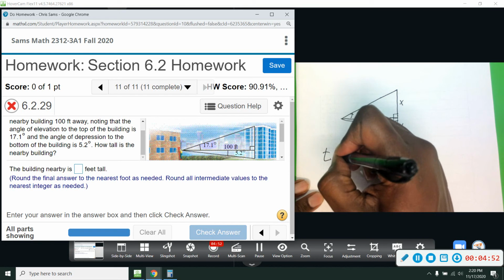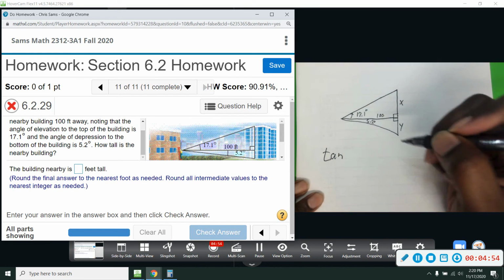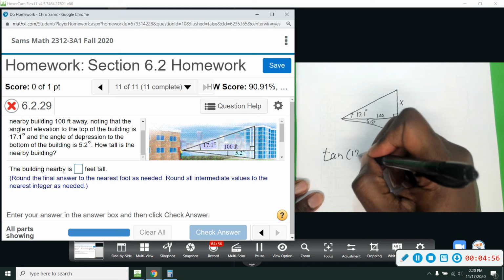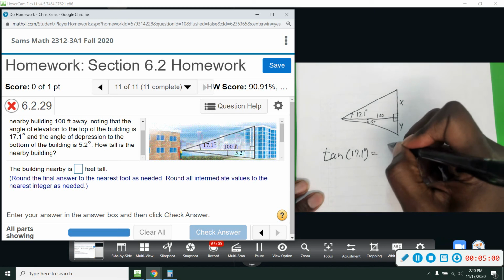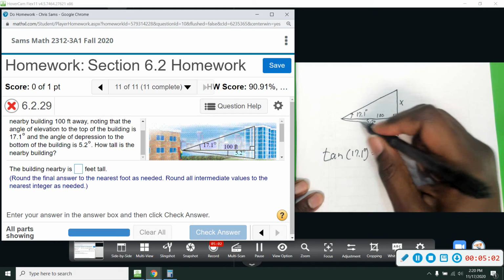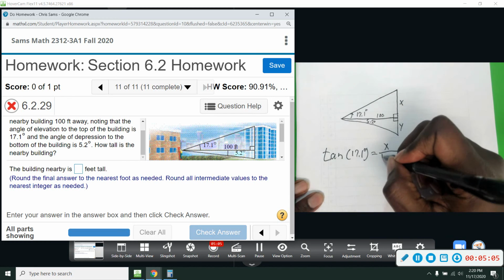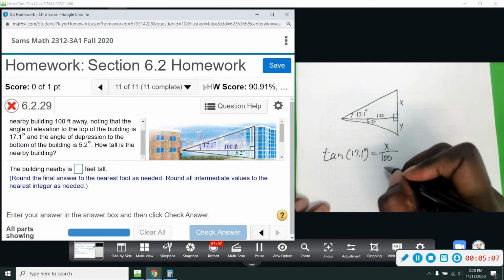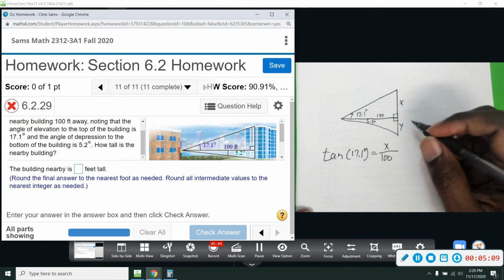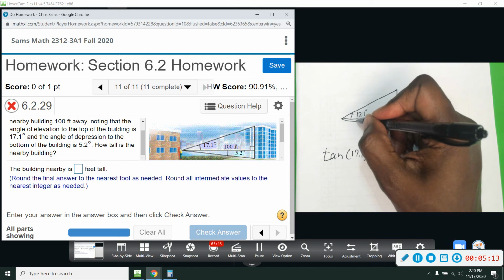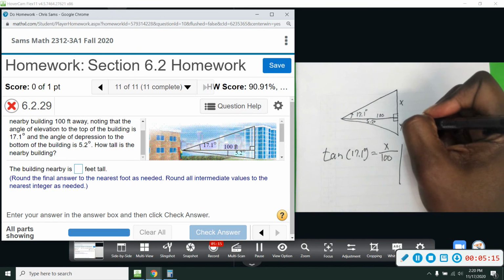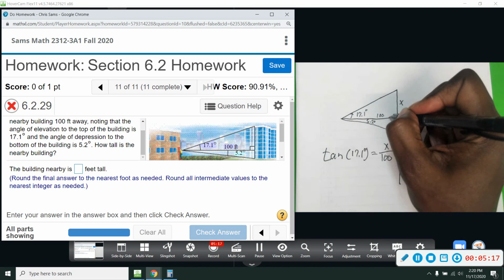So tangent of 17.1 equals opposite, which is x, I don't know, over adjacent. And I'm going to go ahead and set up the other one. This angle we have opposite and still adjacent.